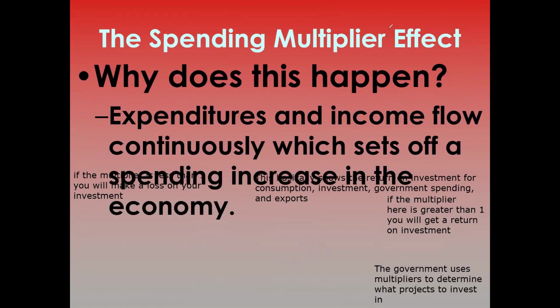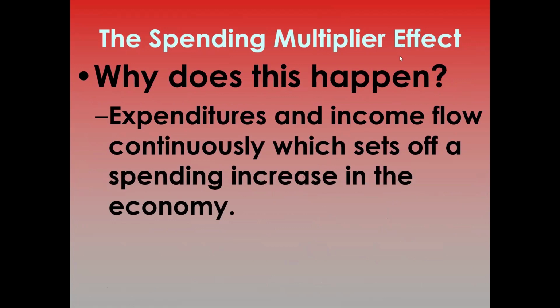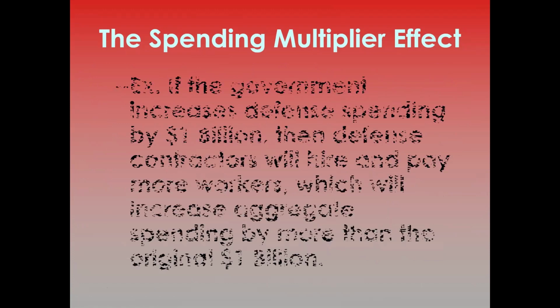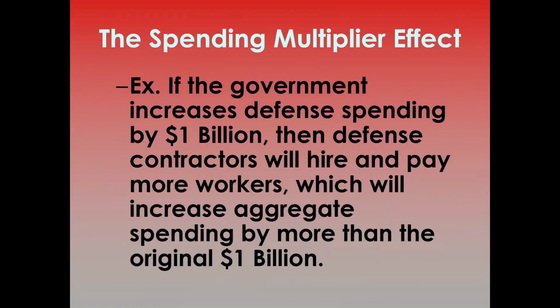So why does this happen? Expenditures and income flow continuously. So this leads to spending increase in the economy. So if the government increases defense spending by $1 billion, then defense contractors will hire and pay more workers, which will increase aggregate spending by more than the original $1 billion.